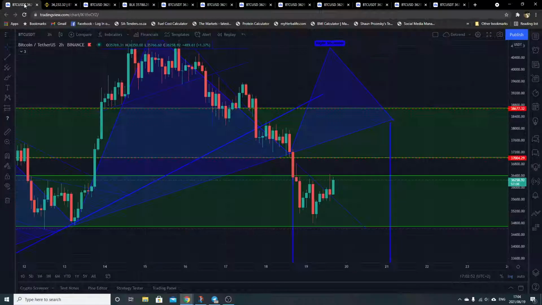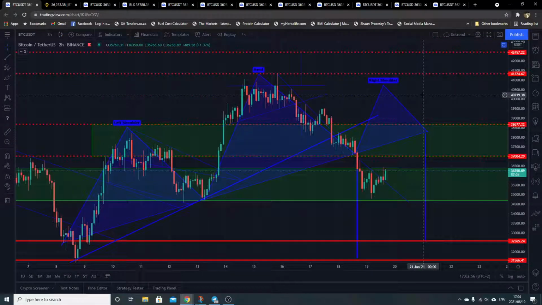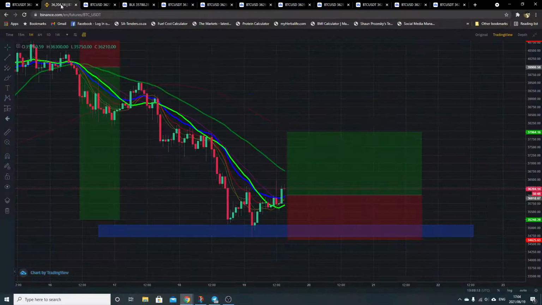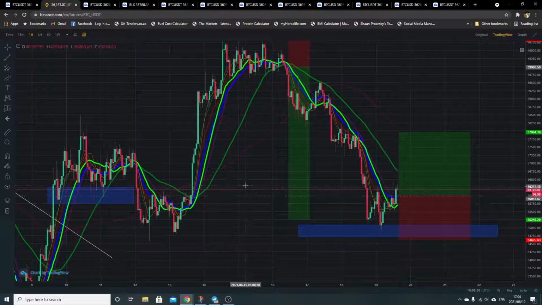I'm going to end off with this pattern here. That is my extended M pattern, where the head and shoulders didn't work out, and price is still trying to break above this. I don't think it's going to happen, because we have too much resistance in that area.